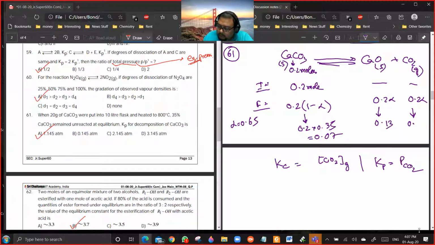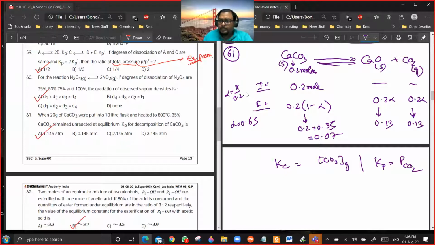Yeah, you can take like 0.2 minus x and x. You are talking about that only now, right? But then again, you have to use alpha is equal to x by 0.2. So it will come to the same position.